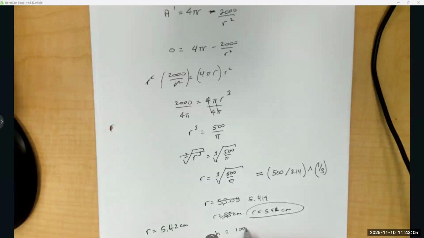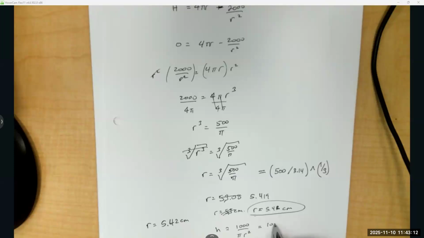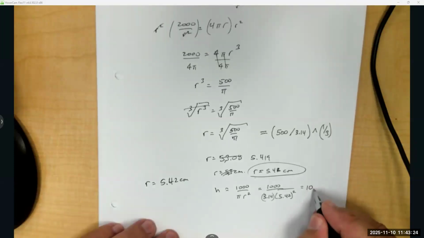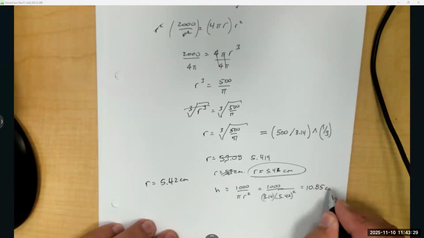Was 1,000 divided by pi r squared. 3.14 times 5.42 squared. Approximately 10.85 centimeters.